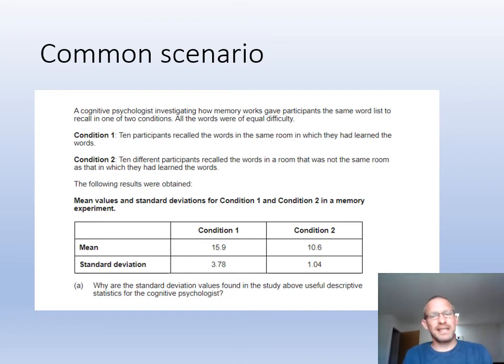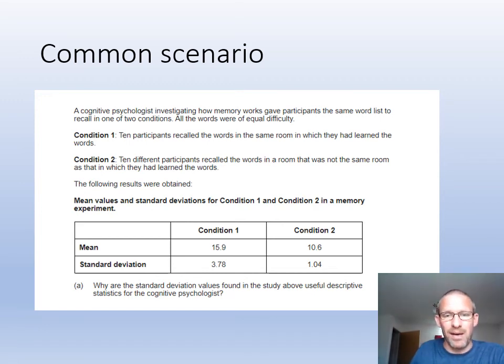So what this means is, as we said, the higher the standard deviation, the greater the variance in the scores. So we're saying on average, recall was much better when it took place in the same conditions as the learning. However, there was greater variance between participants.